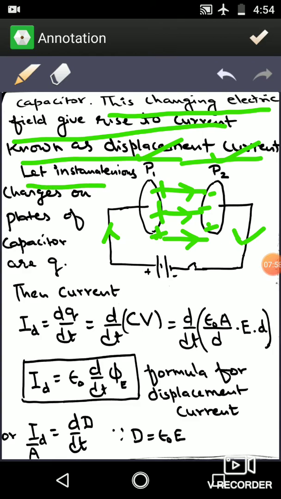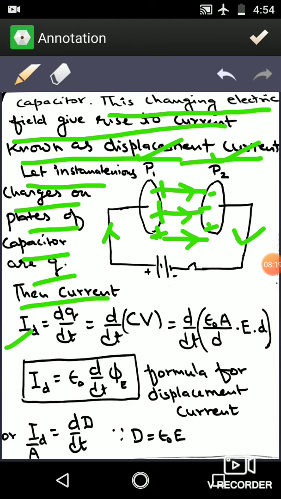Now, let us consider instantaneous charge on the plates of capacitor is Q. Q is the charge at an instant of time on any one plate. Then using the basic definition for displacement current, I_D is equivalent to dQ upon dt.